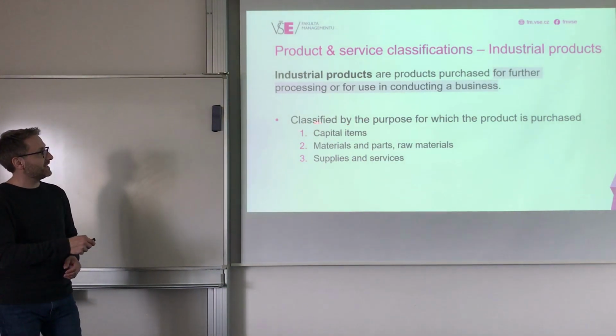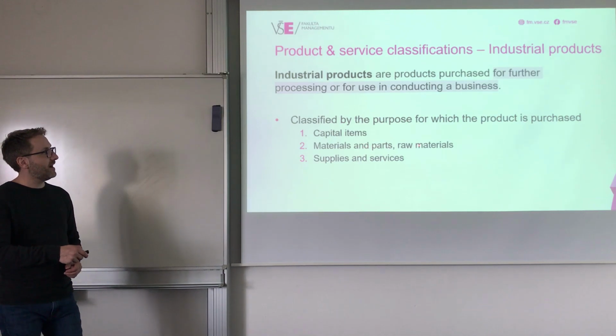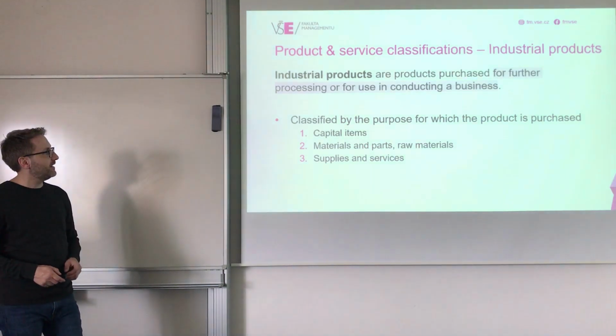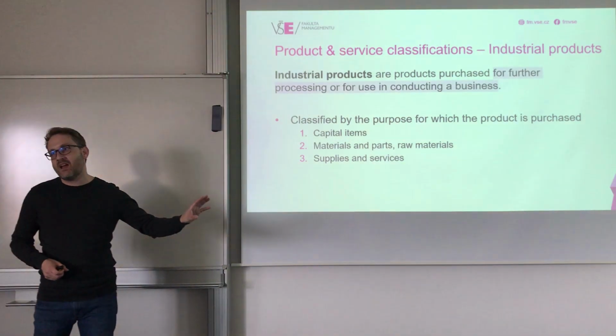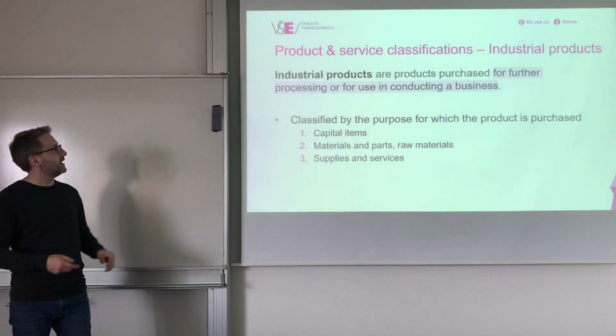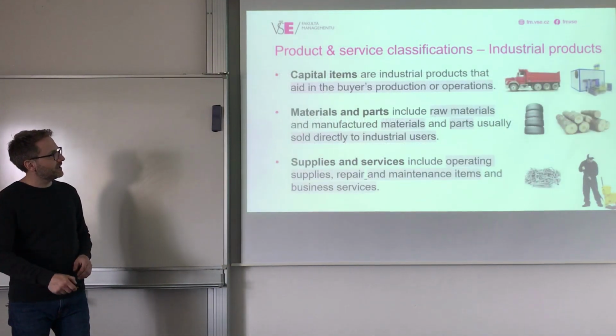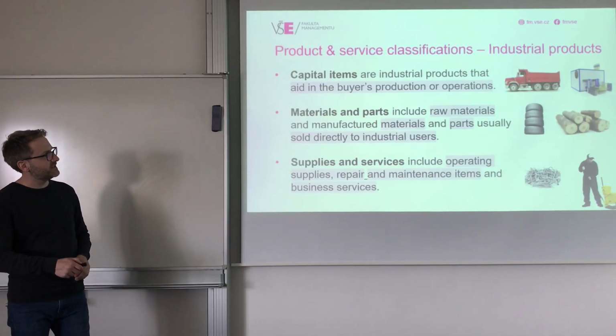And that's why we classify them into three groups. The first one could be capital items, then materials and parts or raw material, and also supplies and services. To better understand those three groups, I prepared this slide, and I don't know if it's visible, but you can see the pictures here.